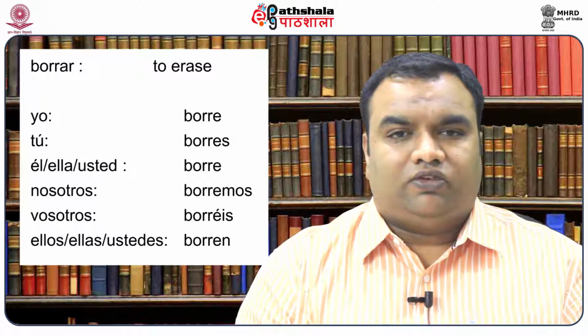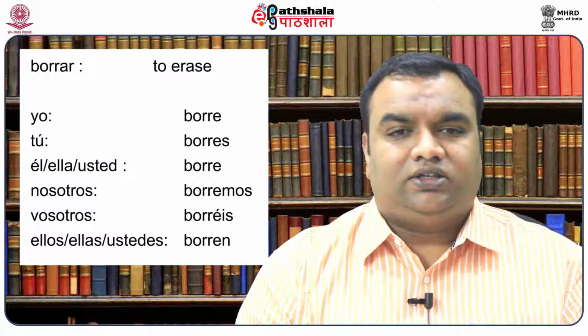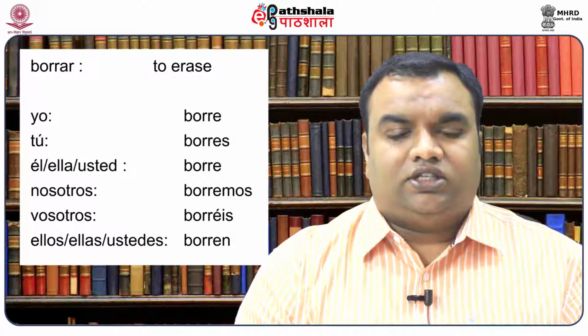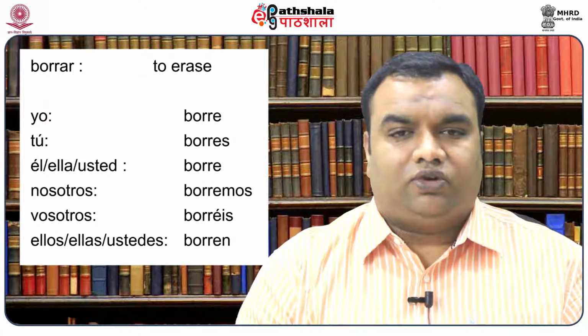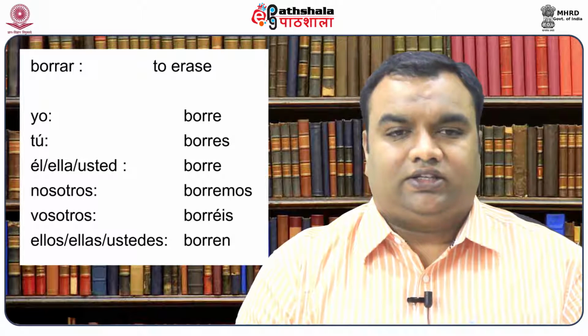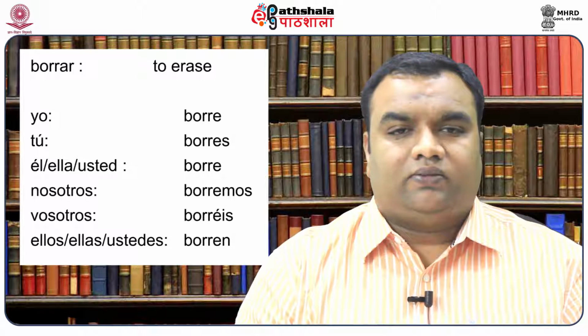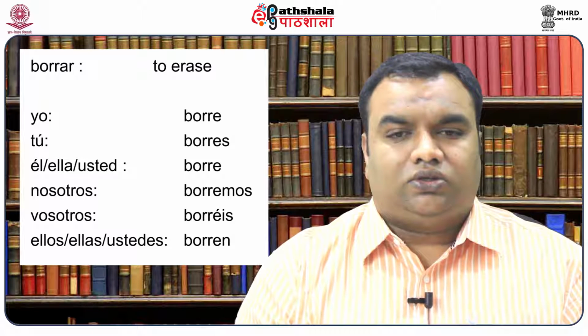We remove the final O and add the ER endings to the stem, and thus the subjunctive for the verb borrar is like this: yo borre, tú borres, él, ella, usted borre, nosotros borremos, vosotros borréis, ellos, ellas, ustedes borren.